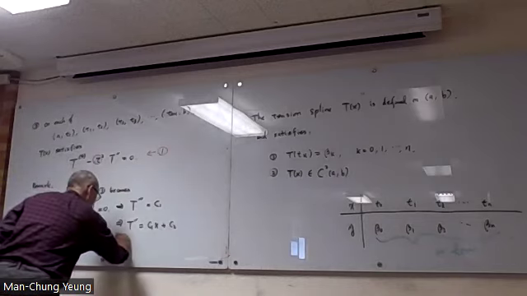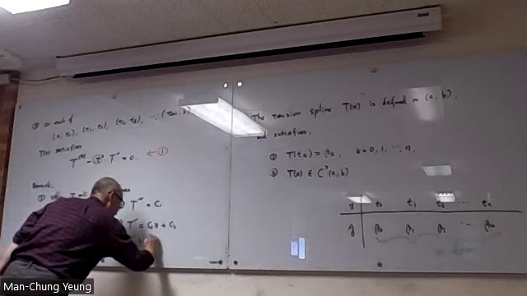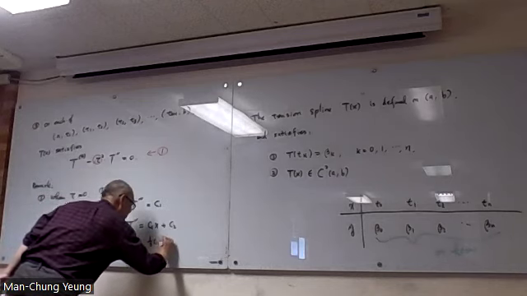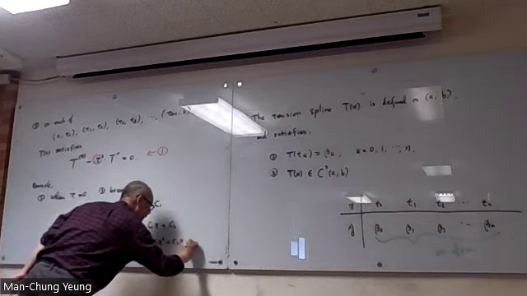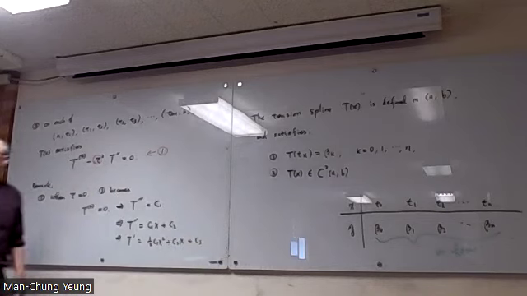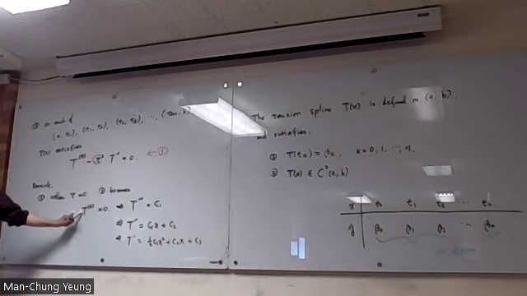Then the first derivative is 1/2 C1 x squared plus C2 x plus C3, right? So T satisfying this differential equation is a polynomial of degree 3.